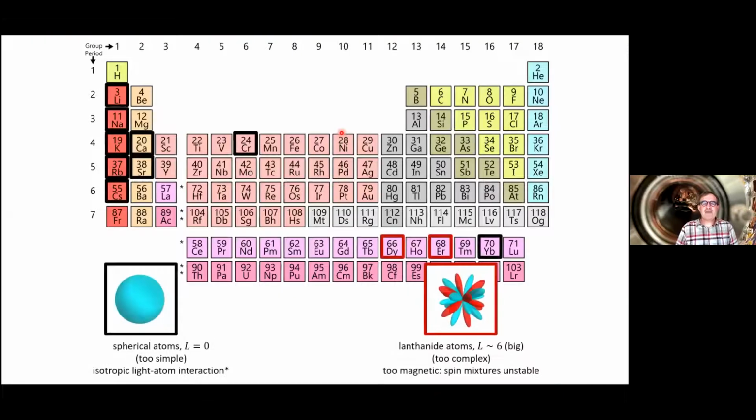Specifically, what we noticed is that if you look at all the atoms that have been brought to quantum degeneracy so far, let's say using laser cooling, there's two different kinds. There's all the ones here, which I've boxed in black boxes, which are alkaline earth atoms, or certain either full or half-full shell atoms, for which the total orbital angular momentum of the electrons is 0.